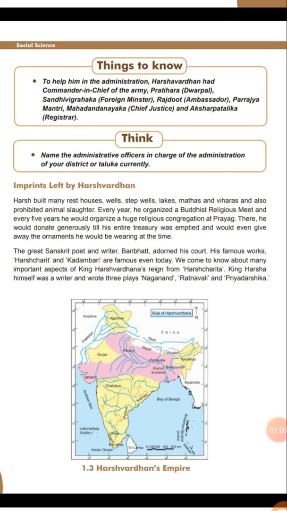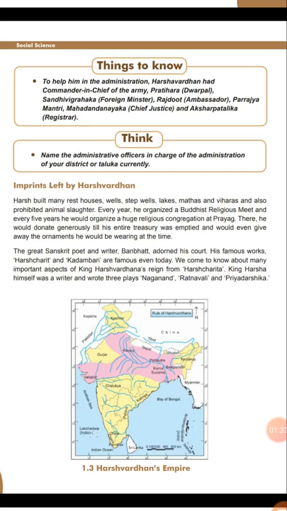Next, Parrajya Mantri. Okay, Parrajya Mantri, that are, you can say, your normal ministers. Then Mahanand Nayaka, that is a chief justice. Mahan means great, to the topmost level, right? Nayaka means the one who gives Nyay, justice. That is chief justice. Okay, chief justice, you all know, is an important judge of the court, right?